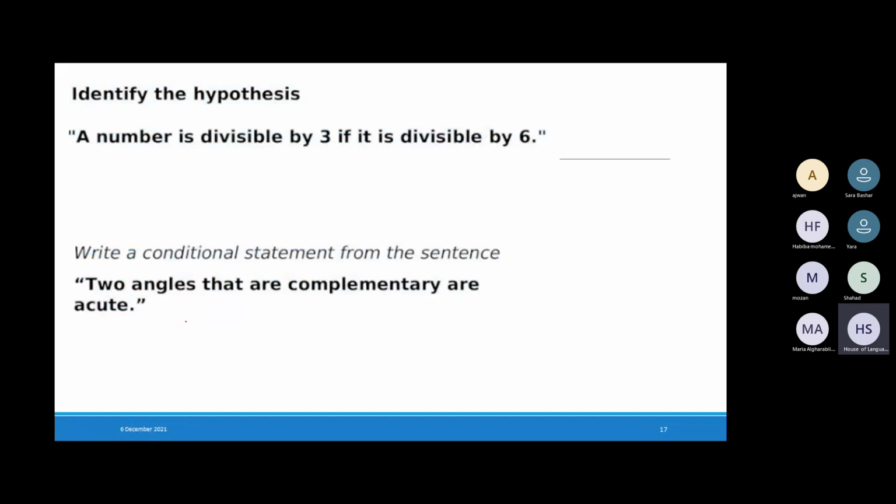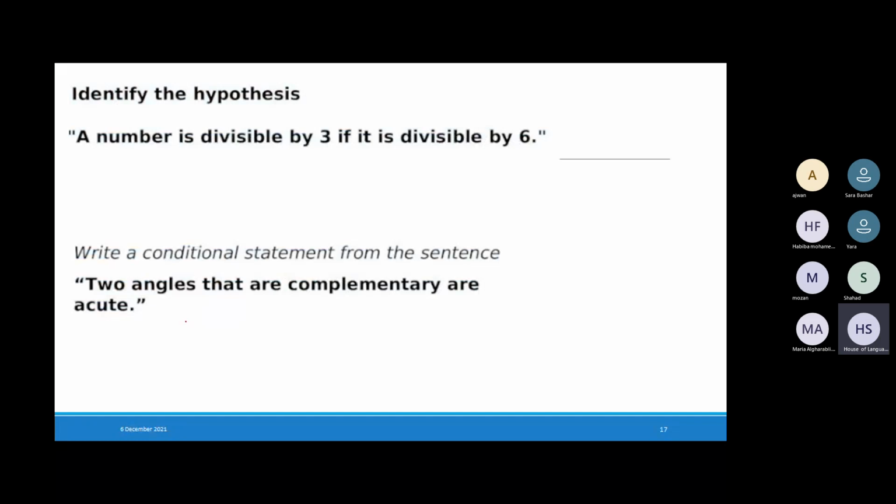Now, this one here. A number is divisible by 3 if it is divisible by 6. Now, wait. I want you to identify the hypothesis. If a number is divisible by 6, it will be divisible by 3. What do I mean by divisible by 3? You can divide by this number.